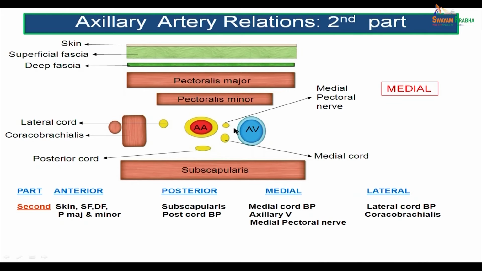Medially, the medial most is the axillary vein, and then we have the medial cord, and anterior to the medial cord we have the medial pectoral nerve. Now, lateral relations. Laterally, we have the lateral cord of brachial plexus and coracobrachialis muscle.